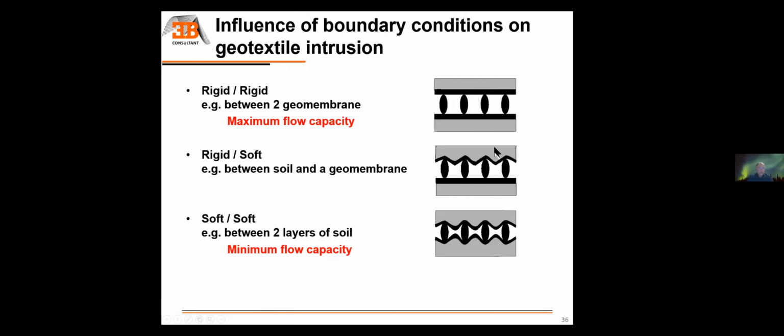If you have soil on one side, the thickness which is available for flow between the two geotextiles is going to be reduced on one side only, which still leaves some flow circulation. Last situation, when you have a soft boundary, that's when you have the maximum geotextile intrusion in the core, and that gives the minimum flow capacity for pretty much all products.